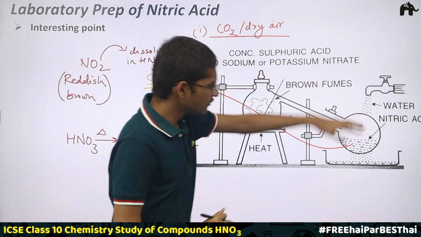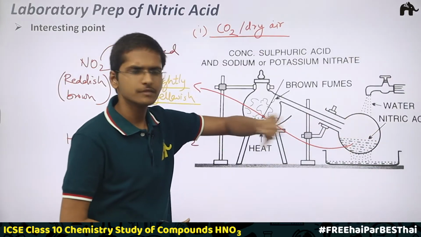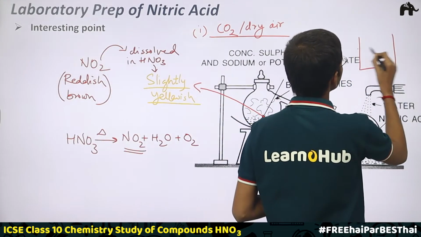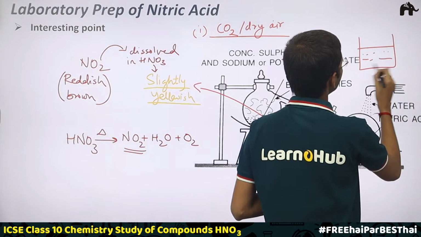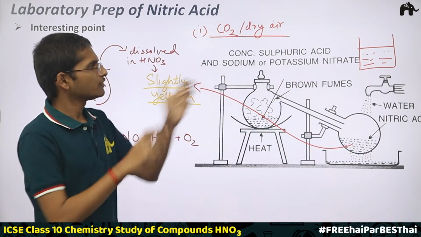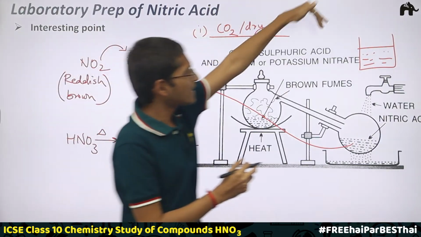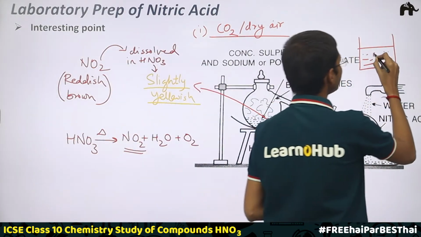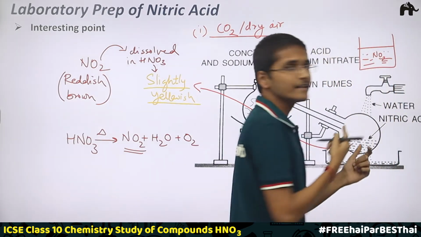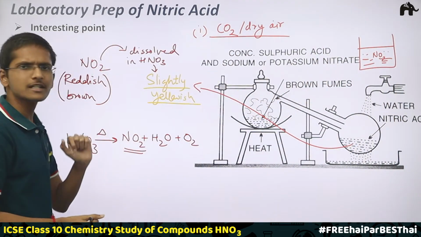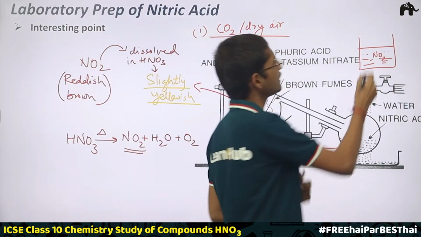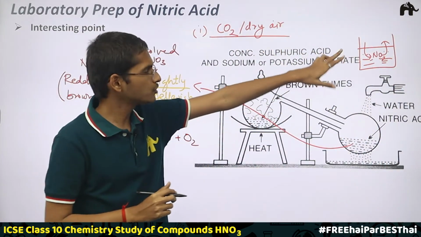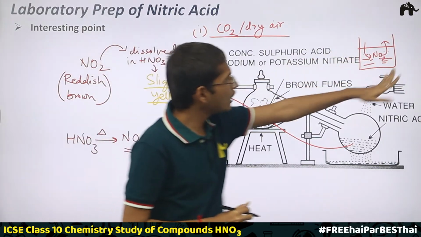I will collect this nitric acid which I have obtained and place it in a beaker, and then pass the carbon dioxide or dry air through this nitric acid. Inside the nitric acid there is dissolved NO2, I have told you, that's why it's slightly yellowish. So our carbon dioxide or dry air would push the nitrogen dioxide out of the nitric acid.